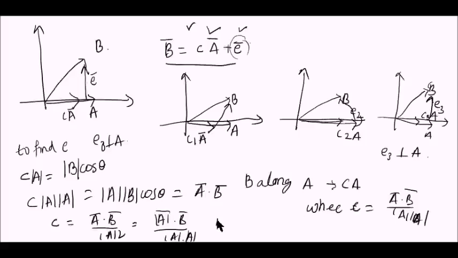But when A bar is perpendicular to B bar, then A dot B will be equal to 0. So C will be equal to 0. That means when the two vectors are perpendicular to each other, the component of one vector in the direction of the other vector will be equal to 0.